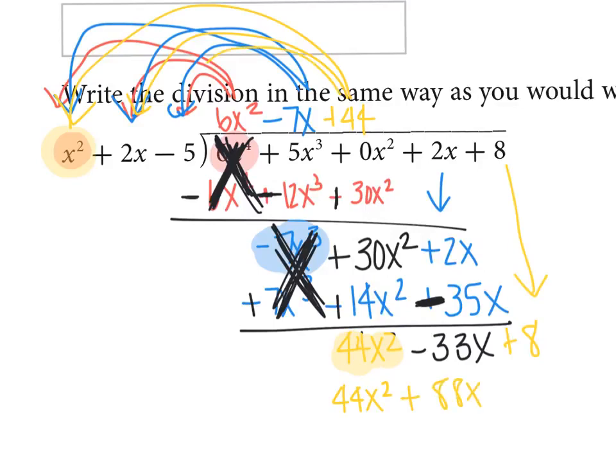And then 44 times negative 5, minus 220. And now I need to switch my sign, subtract. So minus, minus, and plus.